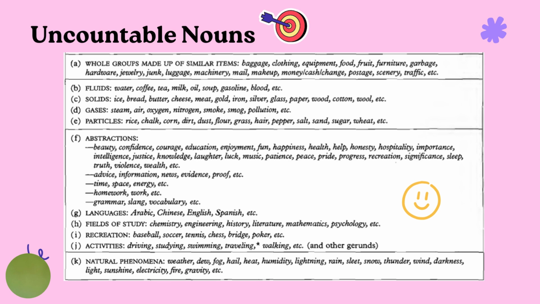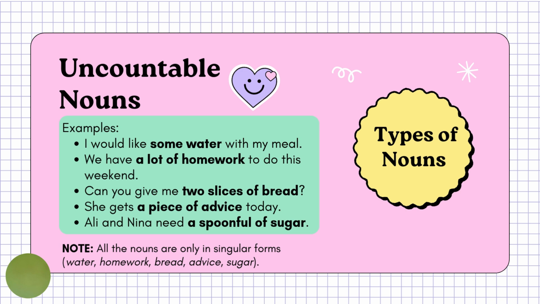And then languages, fields of study, recreational activities, and natural phenomena. Okay, so we have phenomenon, we have phenomena. Phenomenon is the singular, phenomena is the plural. So please remember this one. You can just go back or take a screenshot of this part and then you will remember it later.